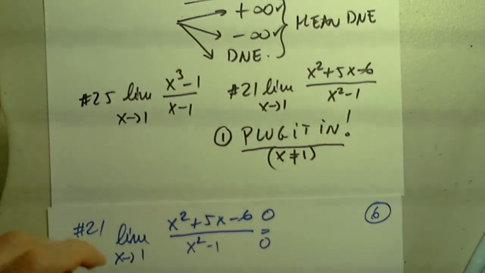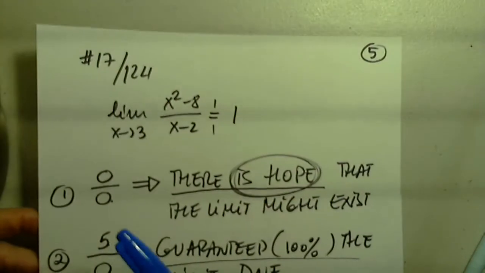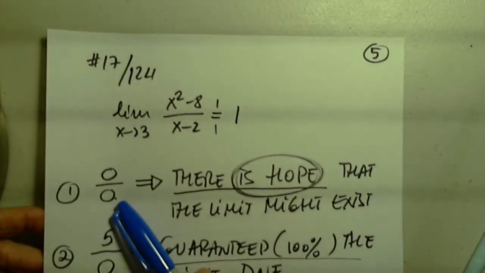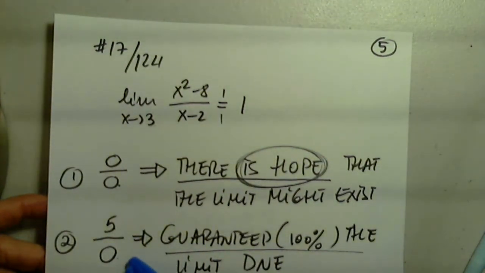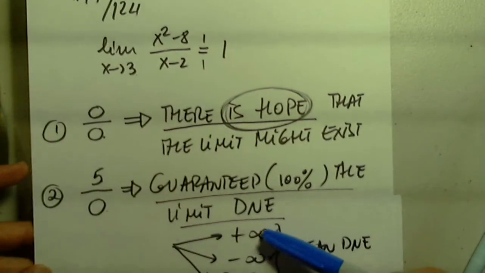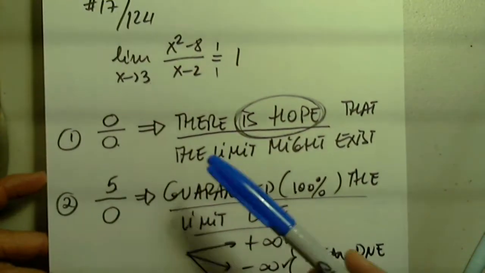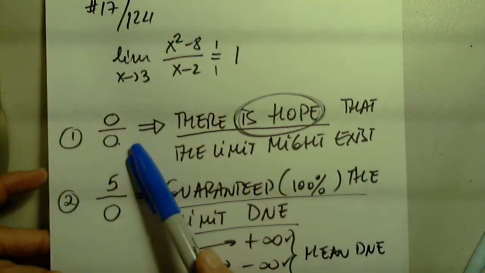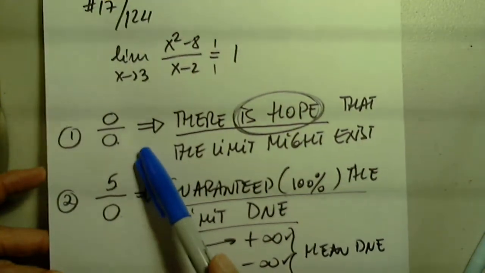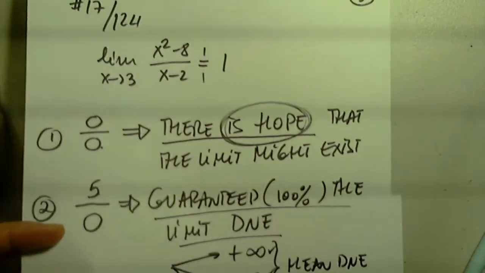Ah, so I know what I'm facing. Potentially the limit exists. Because if it's this, I'm done. I have to identify 1 or 2 or 3. But I know it's done. But this one has hope. In other words, I have to work on it. Algebraically, I have to do something.